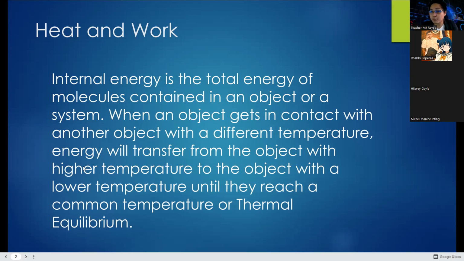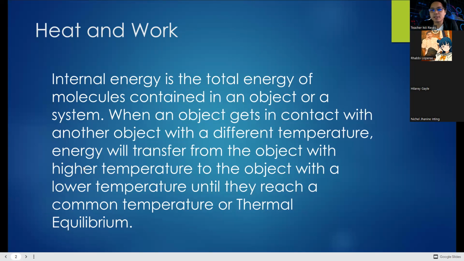Since it can be transformed from one form to another, meaning to say that this energy can be transferred. There is a transformation and there is a transfer of energy. Let's tackle more about this in the middle.